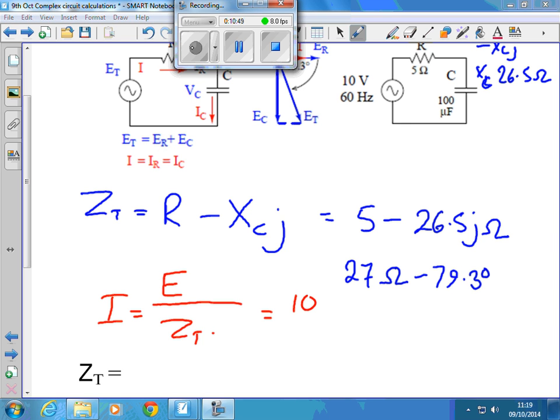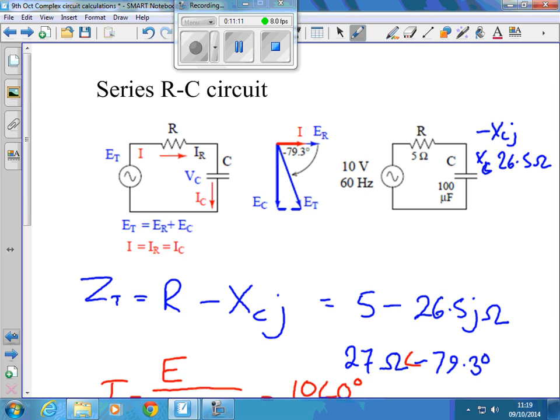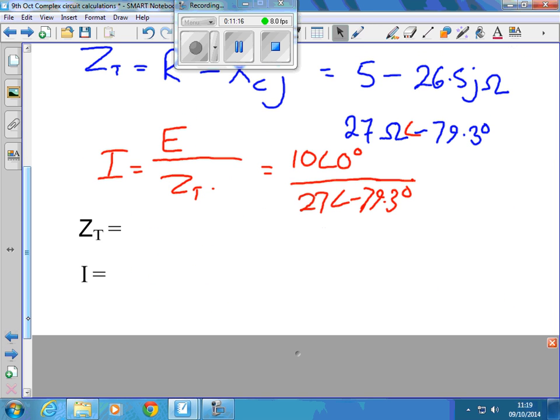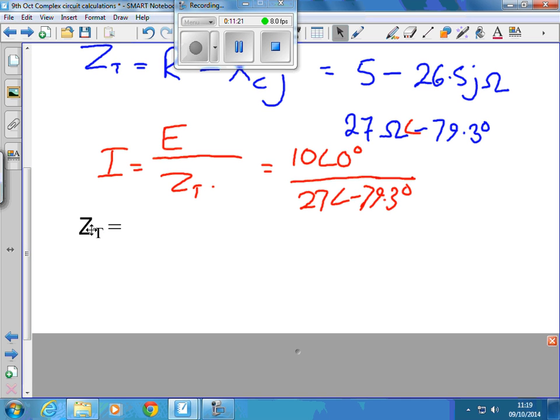That is the 10 angle 0 degrees, over 27 angle minus 79.3 degrees. What's the answer to that, gents?